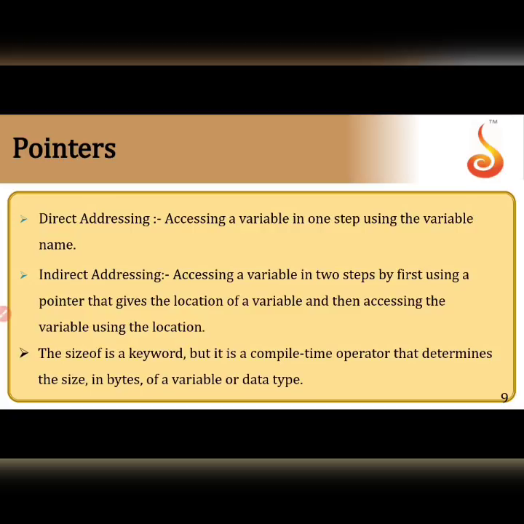What do you mean by direct addressing? There are two kinds of addressing, direct and indirect. In direct addressing, we access a variable in one step using the variable name. For example, I have int x is equal to 10, cout x, it will print me 10.